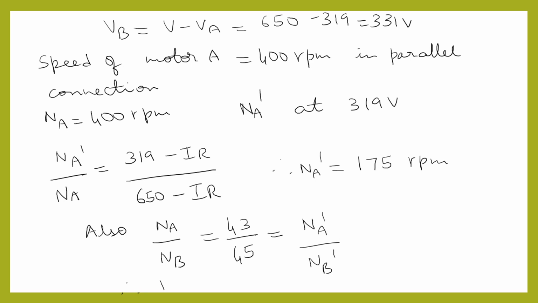Therefore, we can calculate the speed of the motor B in series connection. Nb dash is equal to 45 by 43 into Na dash, that is approximately 184 rpm.